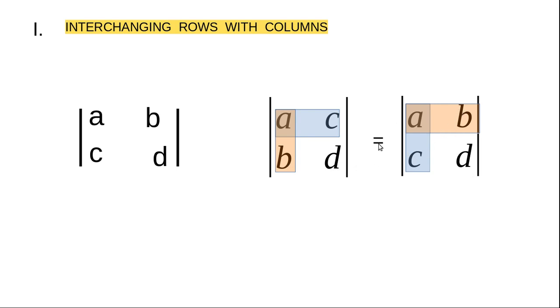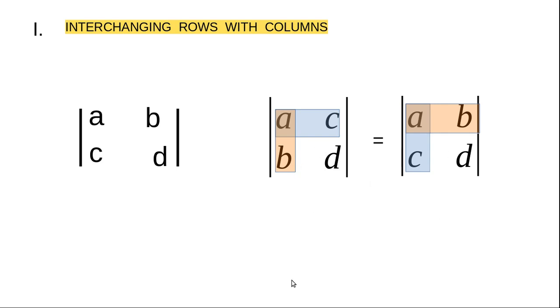Now we have given an equal sign between these two determinants. Why? Suppose we calculate the value of this determinant, it gives AD minus BC, and the other also gives AD minus BC, so both determinants have the same value, so these are equal.